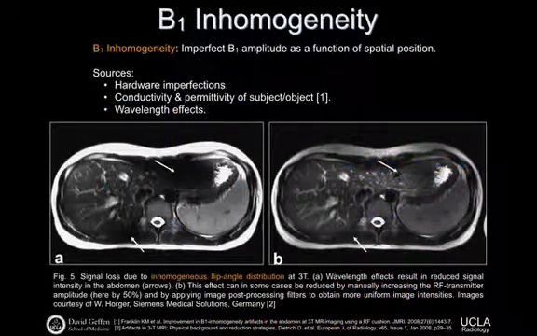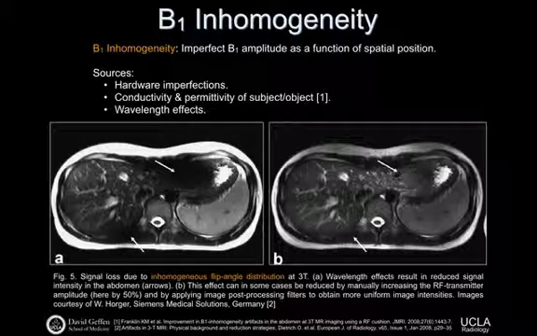Okay, so interesting problem, and this is a terminology thing, but something to keep in mind is that we want that B1 field to be homogeneous, right? If I'm coming up with a sequence and I want a 90-degree pulse, I want a 90-degree pulse everywhere. Now, of course, there are reasons systems behave imperfectly, or the imaging experiment itself can be imperfect. And one of those reasons is the so-called B1 inhomogeneity.